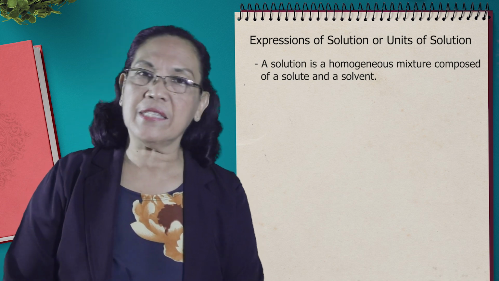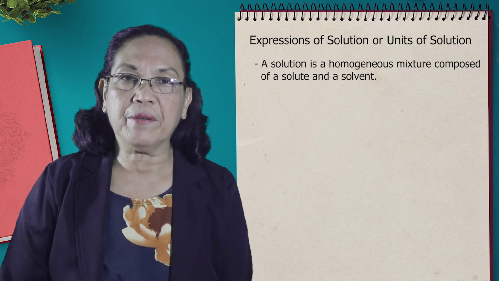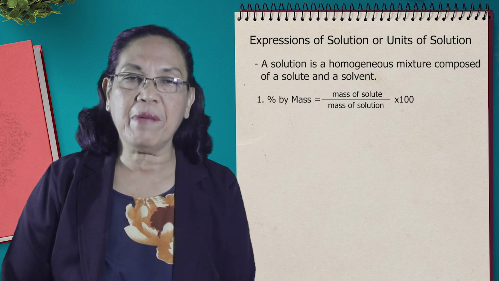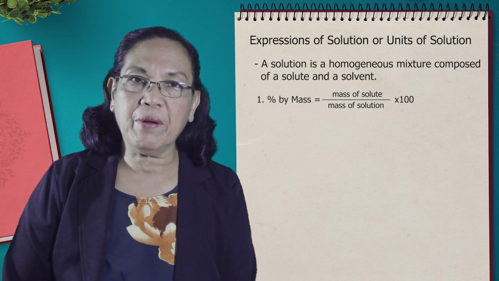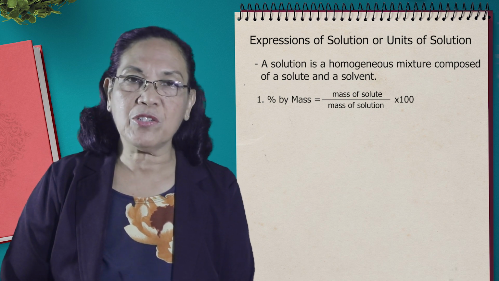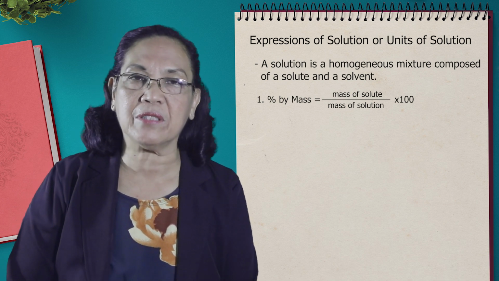Now, what are these expressions of solutions? We have number one, the percent by mass. This percent by mass is actually a ratio between the mass of the solute and the mass of the solution times 100.